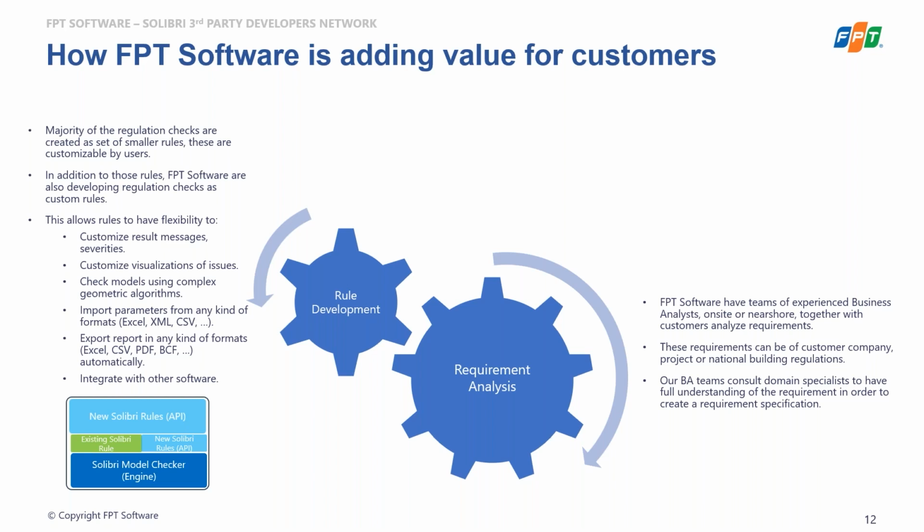What this allows is for the rules to have the flexibility to customize result messages, severities, customize visualizations of issues, check models using complex geometric algorithms, import parameters, of course, from Excel or XML, CSV, export different kinds of reports in different kinds of formats, and even integrate with other software.